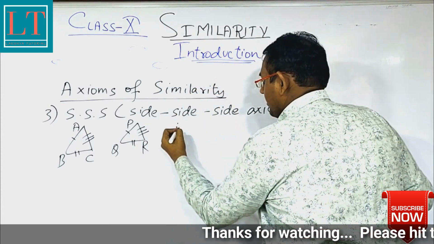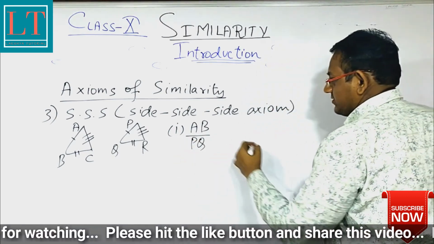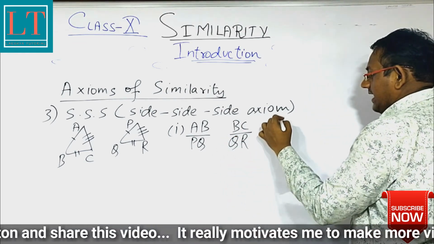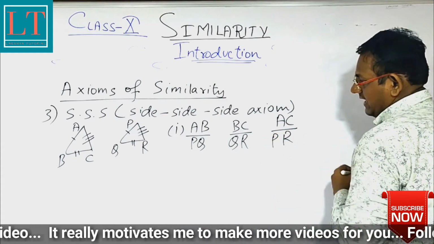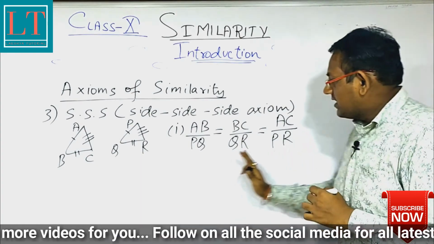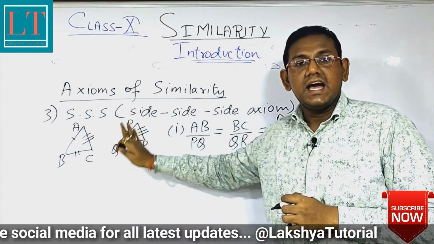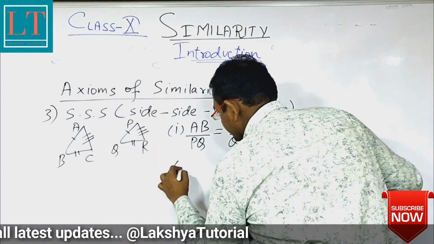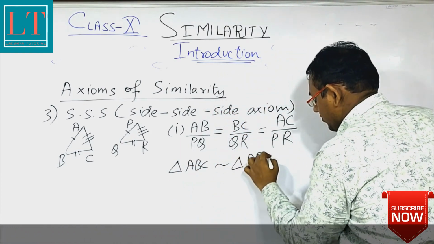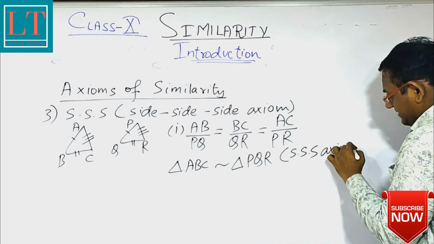That means AB by PQ, BC by QR and AC by PR are in ratio, and if these ratios are equal, then we write triangle ABC is similar to triangle PQR by the side side side axiom.